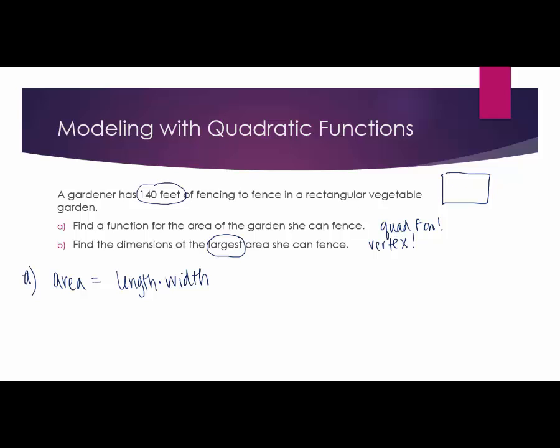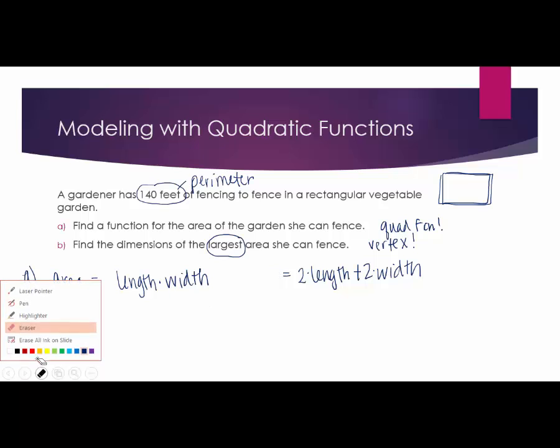That's 140 feet to go all the way around or to cover the perimeter of this rectangle. If we think about what we know about perimeter, well, perimeter is 2 times the length plus 2 times the width. And in fact, in this case, I know the perimeter, so I can put that in here.